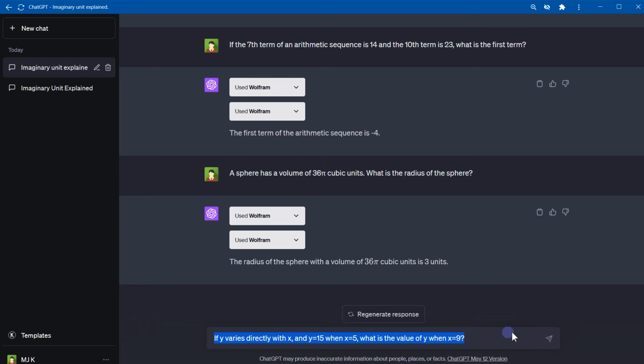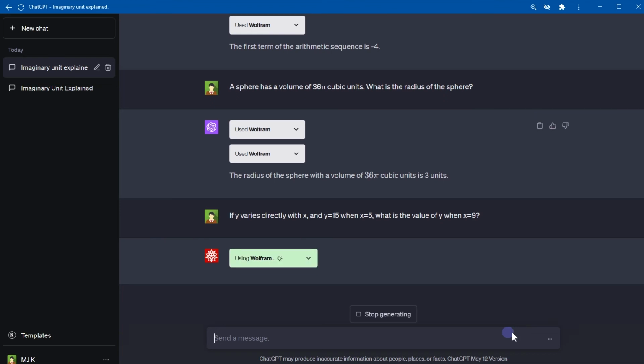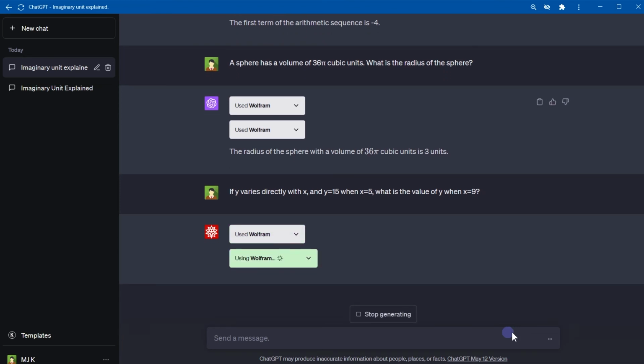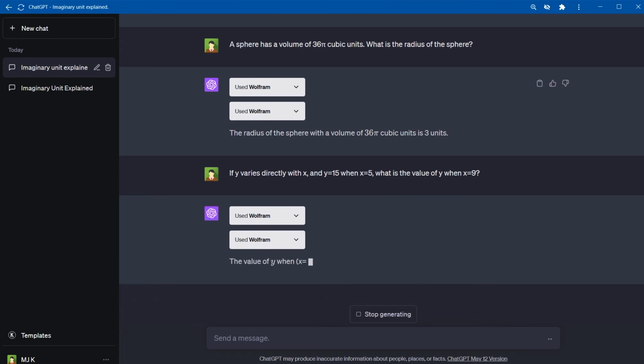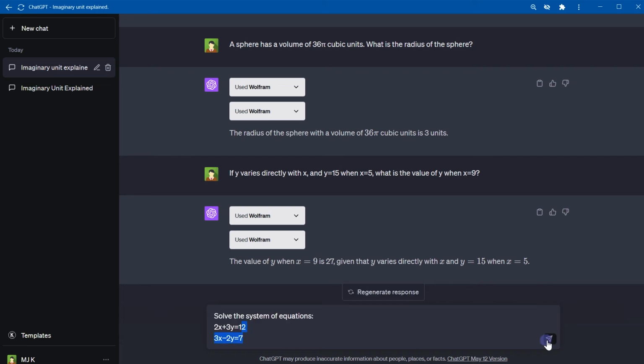If y varies directly with x and y is equal to 15 when x is equal to 5, what is the value of y when x equals 9? Solve the system of equations.